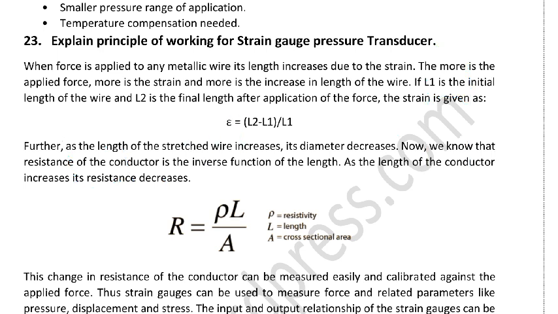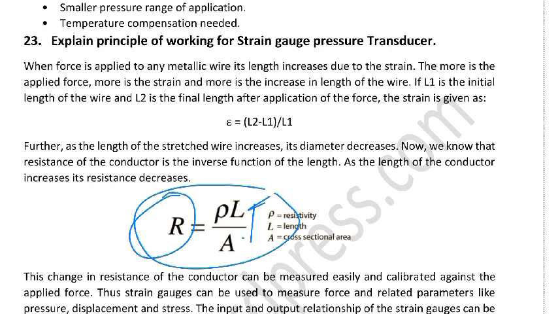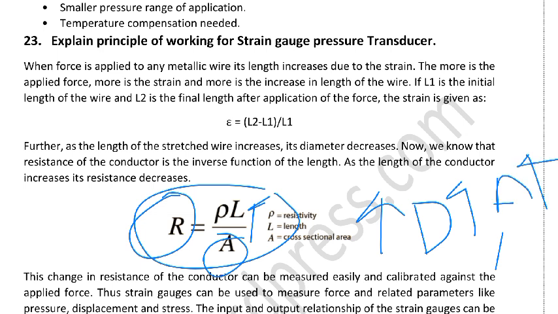Now we know that the resistance of a conductor is directly proportional to length and inversely proportional to area, R = ρL/A. Meaning if the length is increasing, the resistance will increase. If the area increases, meaning the diameter increases, then the resistance will reduce.